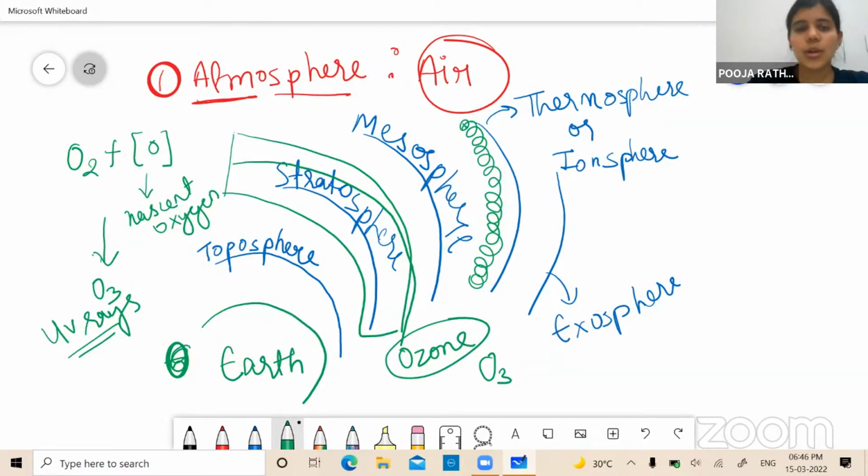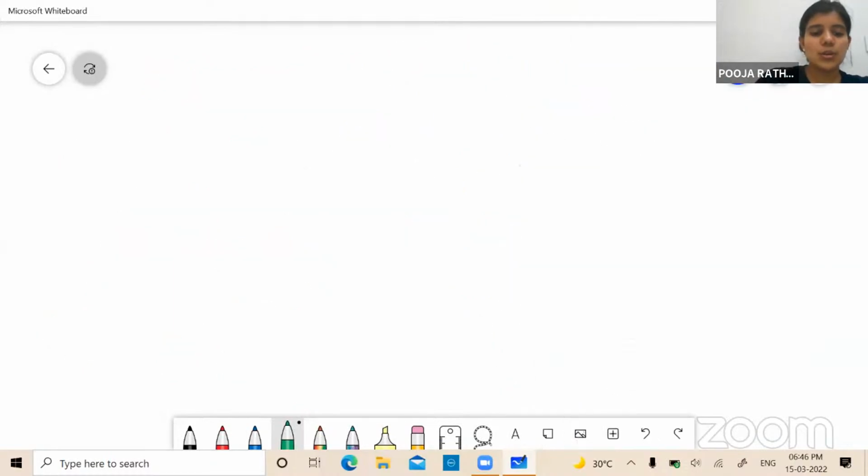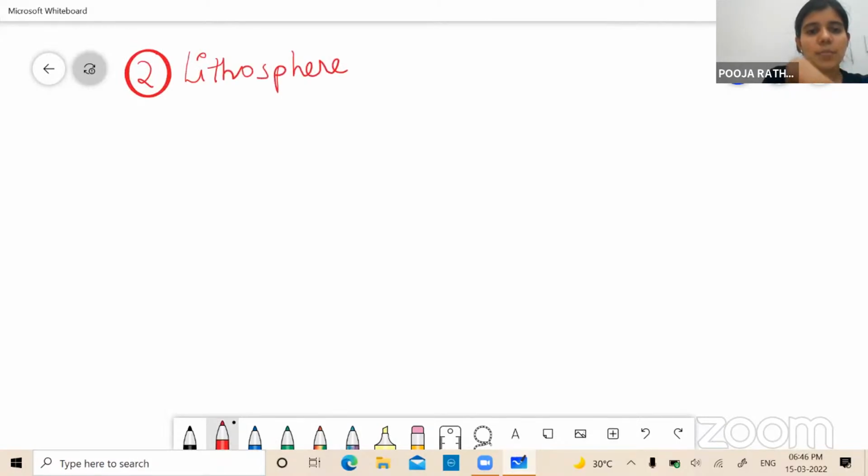Next, we will move to the next sphere, that is lithosphere. Here, litho means soil, or we can say land, or stones, and sphere means our simple 3D shape sphere, or we can say here Earth.